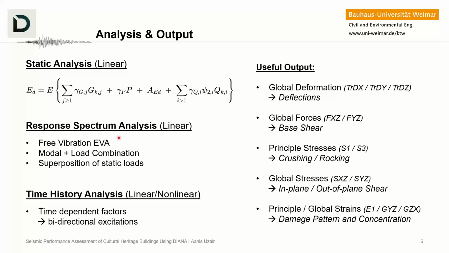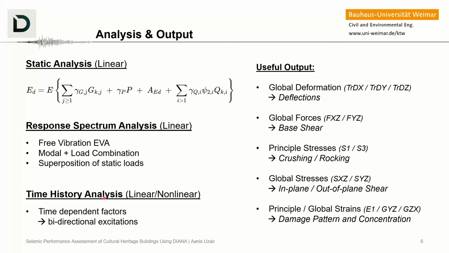What is missing at the moment is that we cannot run a Ritz vector analysis, which is sometimes very helpful in cultural heritage buildings, because you are dealing with large masses, and to simulate or to activate these masses in a particular direction becomes extremely difficult.